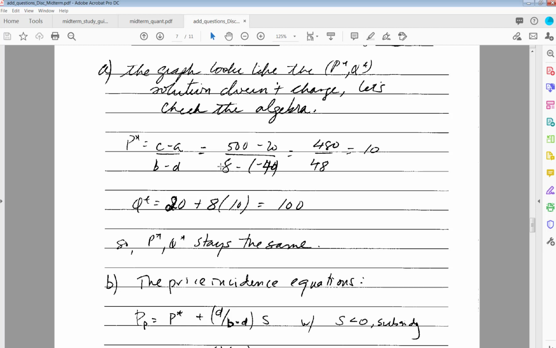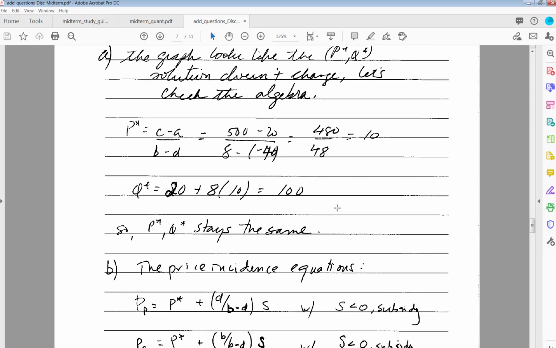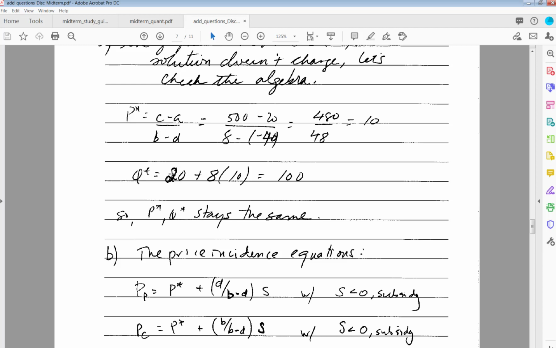This used to be 10, now it's 8, and so we end up with this new ratio of 480 over 48, and that's just a value of 10. Plug that in for Q star, you get 20, which is the intercept, plus 8, which is the new value for B, or the slope of the supply curve, times the price that we just found there, and you get 100. So P and Q are the same as they were.